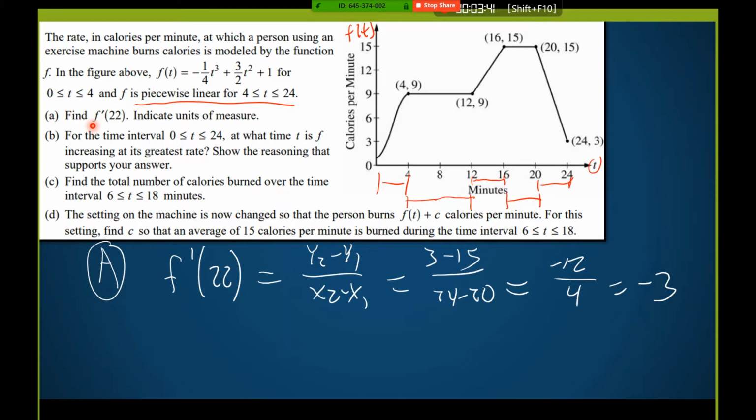Okay, I'm going to jump over to Abby. Abby, what are my units for part A? So we found the slope of f. What should the units be? Calories per minute. So f is already in calories per minute.